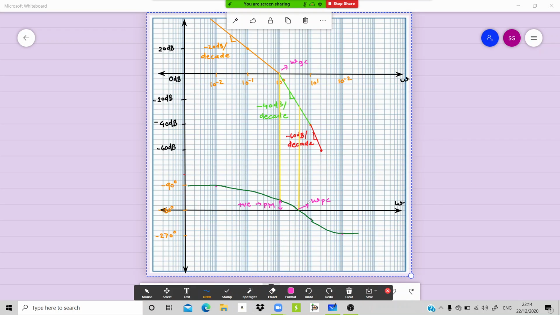Then the next thing is, when phase is getting crossover, you can see that here gain still has to cross the thing. Gain is not 1, gain is less than that. Here gain will be on the higher side, here gain is on the lower side. So again I'll draw.